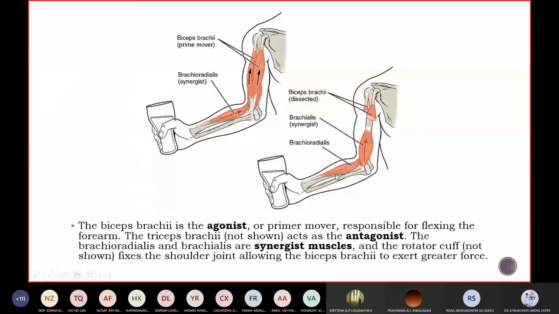Okay, so when you are lifting a glass of water, for example, your biceps brachii is the prime mover, because the biceps brachii creates the action of elbow flexion. Okay, and the brachioradialis.